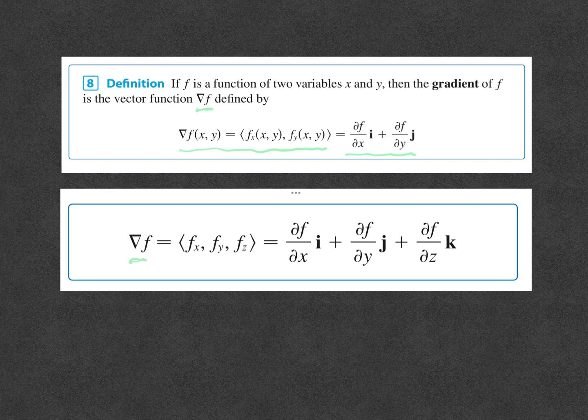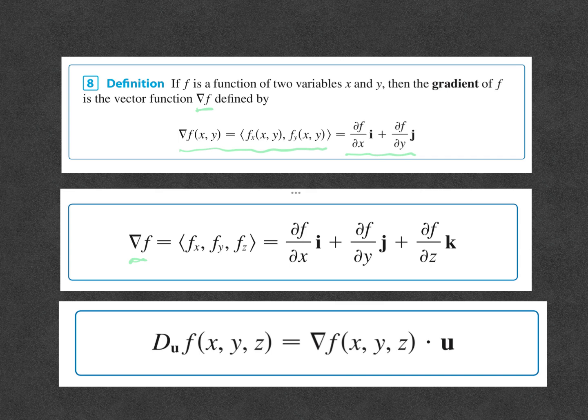And then down here you can see it in terms of 3 variables, and it's your 3 partials with i, j, k notation. It's a nice notation. It's your gradient of the function f. So then we can say that our directional derivative is the gradient times the unit vector u. Remember that it is a unit vector, that's why we put a u there.